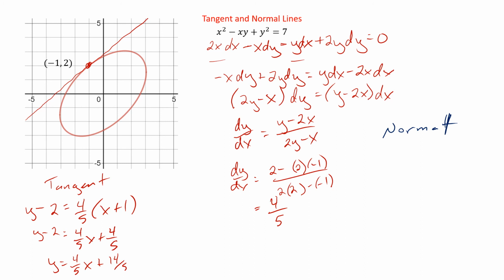So for a normal line, our slope, instead of 4/5, will be negative 5/4. Use the same point. y minus 2 equals negative 5/4 times x plus 1. Distribute. That's 5/4. Add the 2.